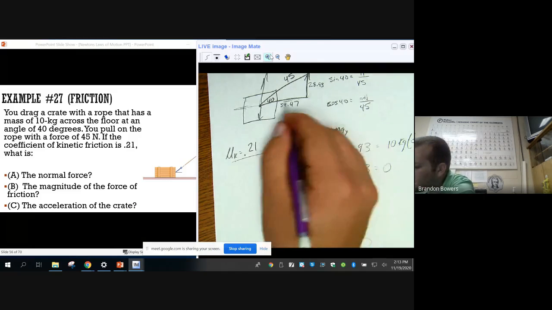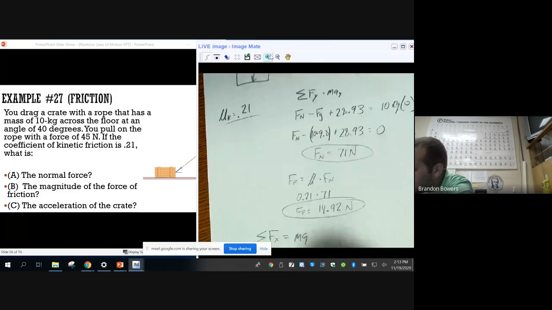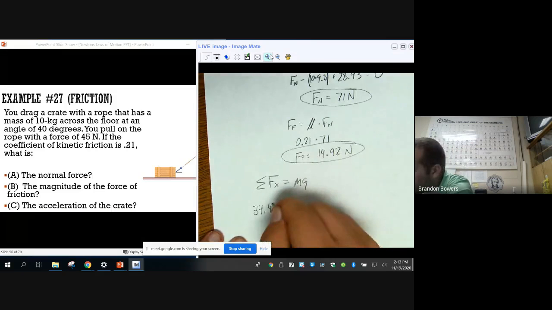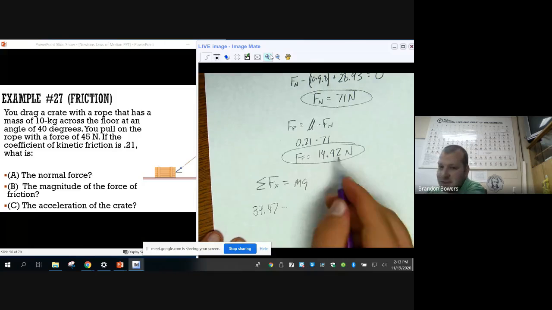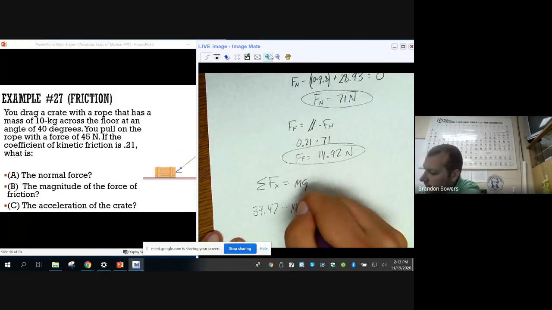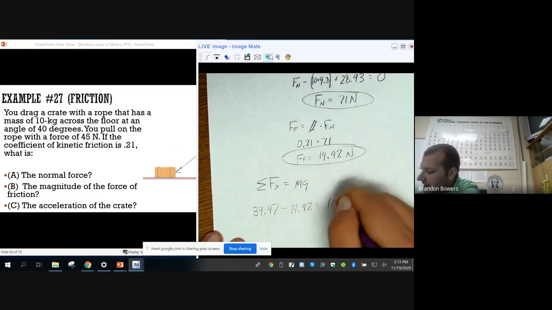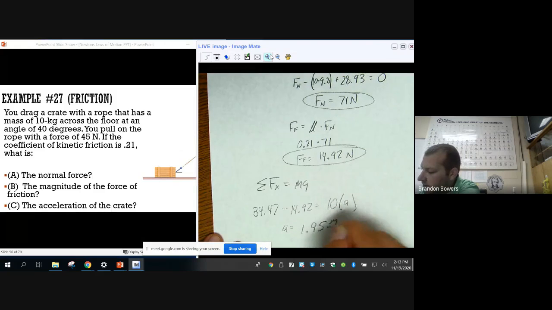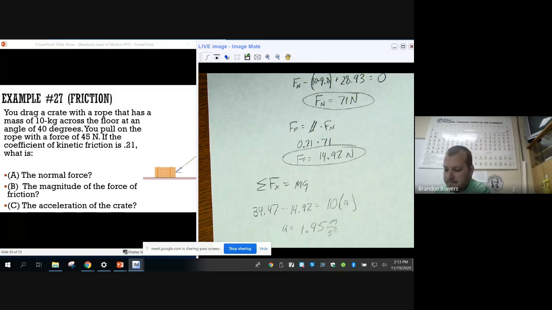So the applied force was 34.47 minus friction. Friction's going against me. 14.92 is equal to the mass times A. And when you solve for A, you're going to get 1.95 meters per second squared.